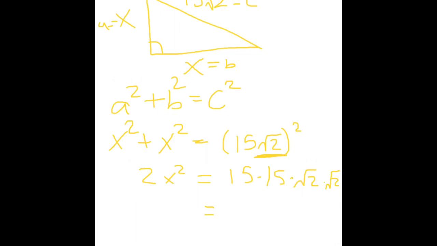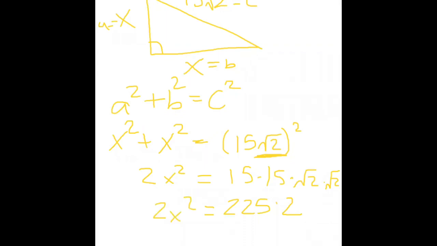So once you do that, 15 times 15 is 225 times the square root of 2 times the square root of 2, which is just 2. And that's equal to 2x squared.